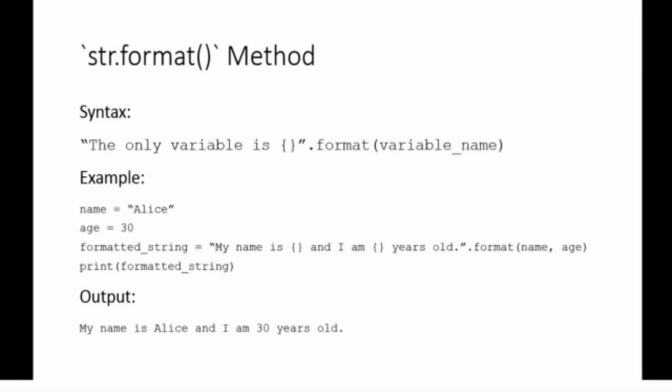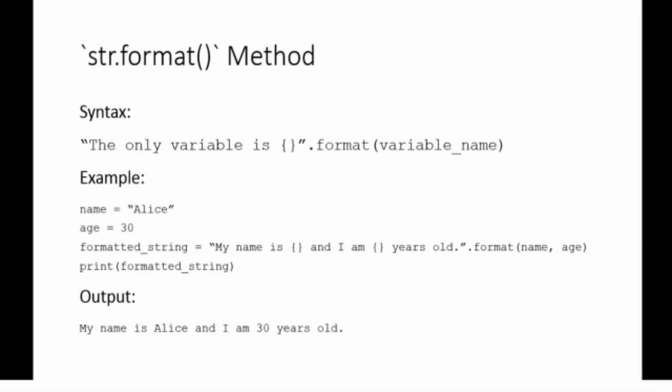The string.format method allows you to interpolate values into strings using curly braces as placeholders. The syntax is as follows. Open quotes, the only variable is curly braces, open and close quote, dot format, open parenthesis, variable name, close parenthesis.